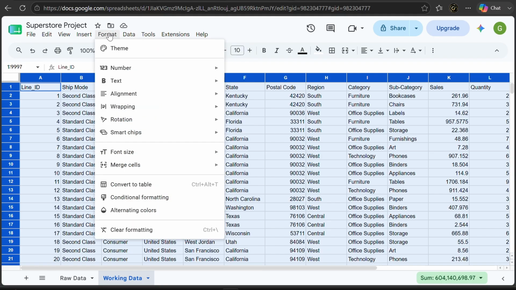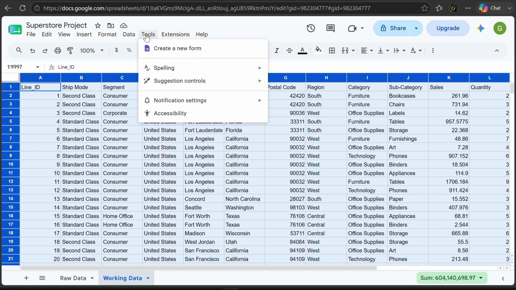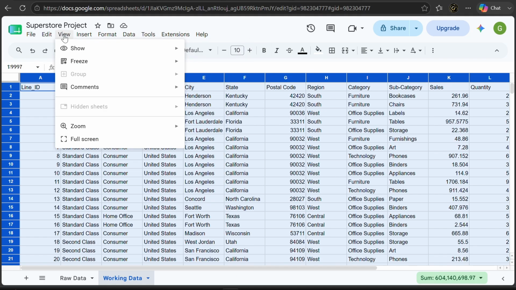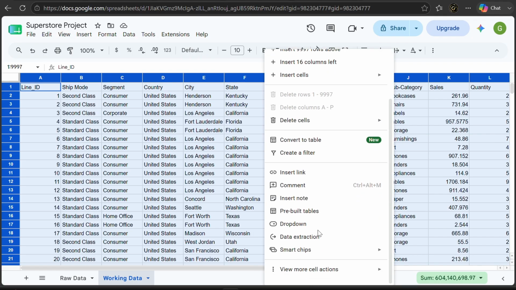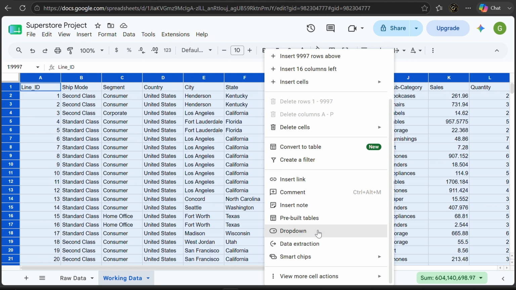How do I remove duplicates again? I'm not sure I can remember how I removed the duplicates. I really can't remember. So let me just right click within the data set here and see.